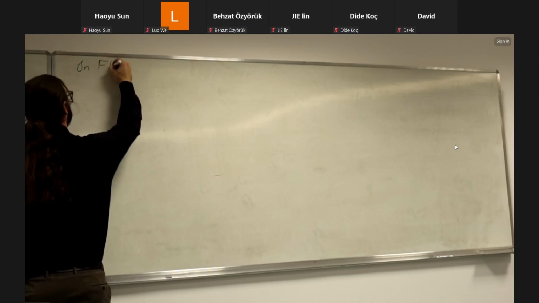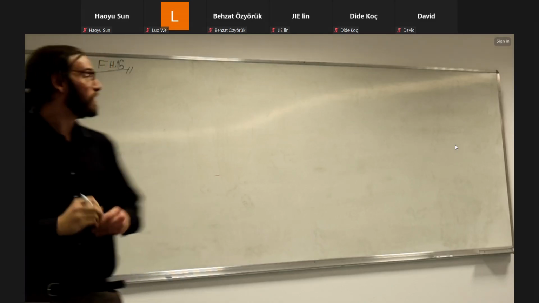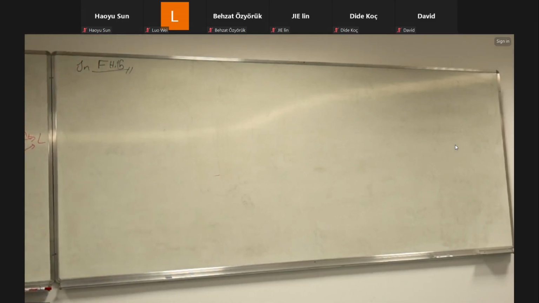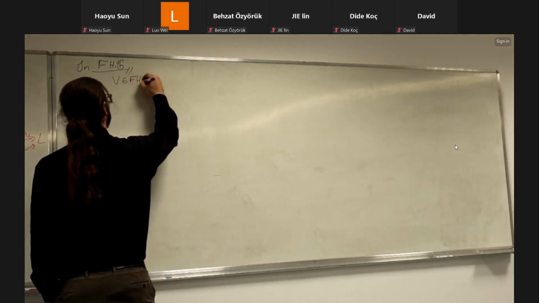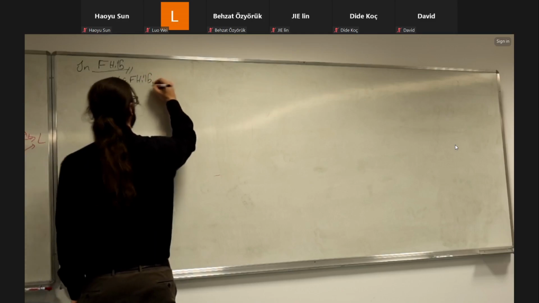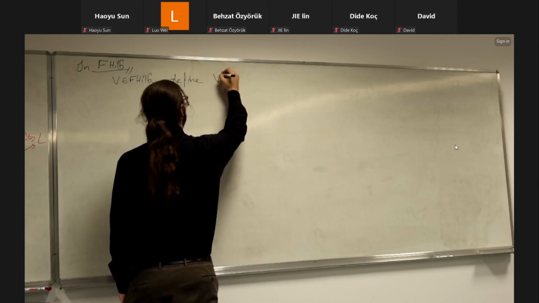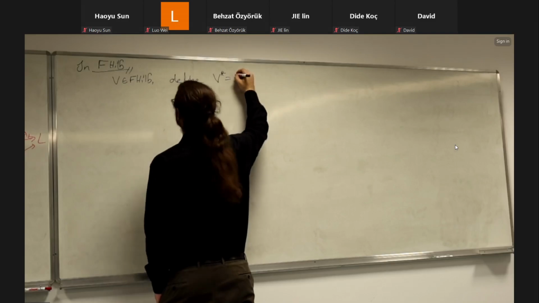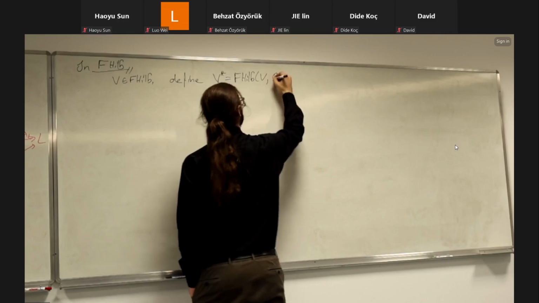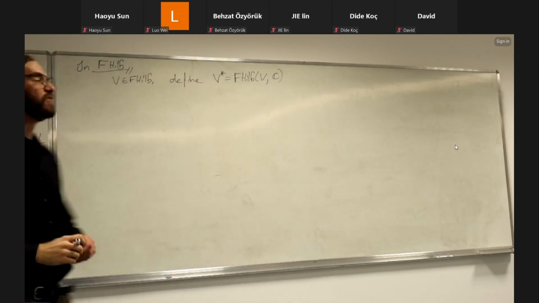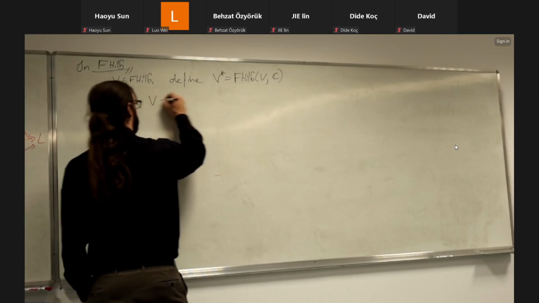In finite dimensional Hilbert spaces, things are a little bit better. So if we have V in finite dimensional Hilbert spaces, we can define the linear dual as a vector space to be just the set of linear maps from V to C. And we get an isomorphism.